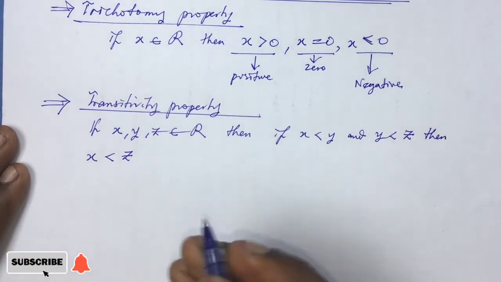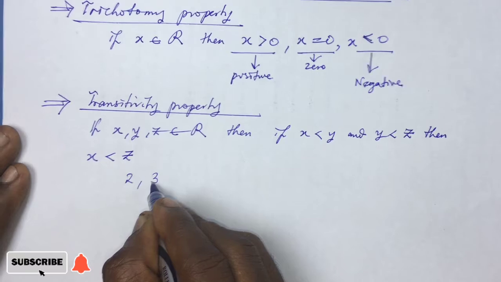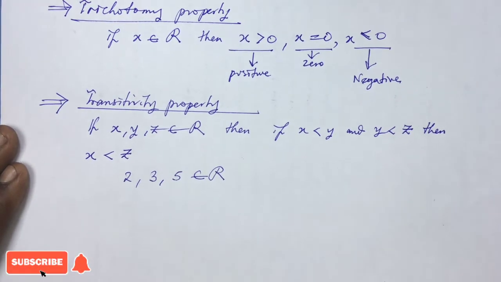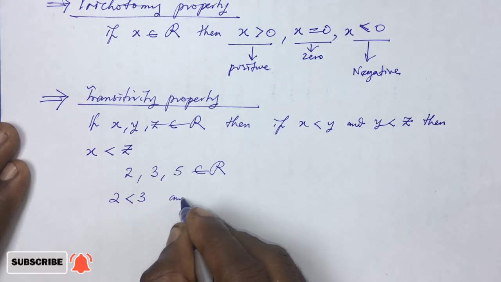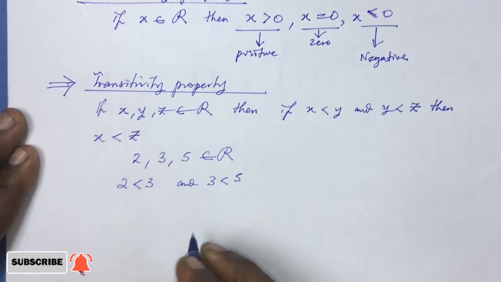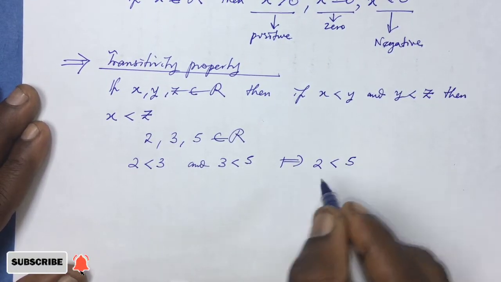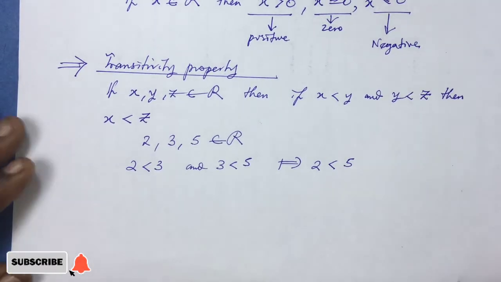Look at the transitivity property clearly with an illustration. Let's say 2, 3, and 5 are three numbers selected from R. 2 is less than 3 and 3 is less than 5, which implies that 2 automatically is less than 5. This property is called the property of transitivity.